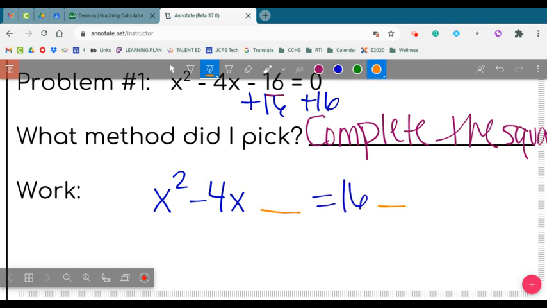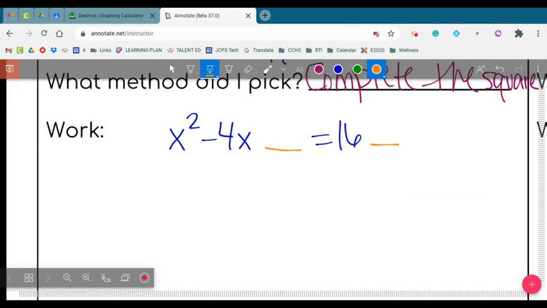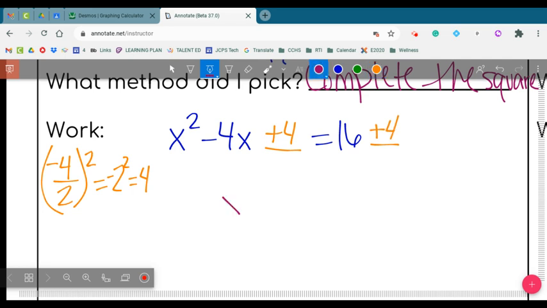We then have to find our new b value. To find your new b value, you take 4 divided by 2 squared. You get negative 2 squared, which equals 4. So we're going to add 4 to both sides. So we get x squared minus 4x plus 4 equals 20.